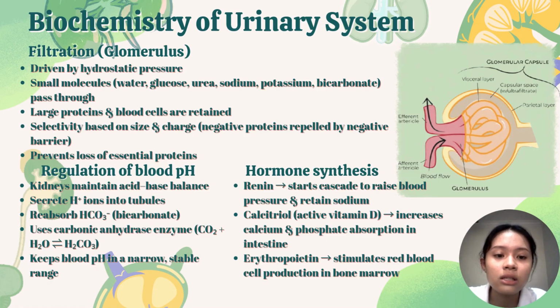They produce calcitriol, the active form of vitamin D, which enhances calcium and phosphate absorption in the intestine, and they secrete erythropoietin, a hormone that stimulates red blood cell production in the bone marrow. Altogether, these biochemical functions highlight the kidneys not just as filters, but as dynamic regulators of homeostasis.